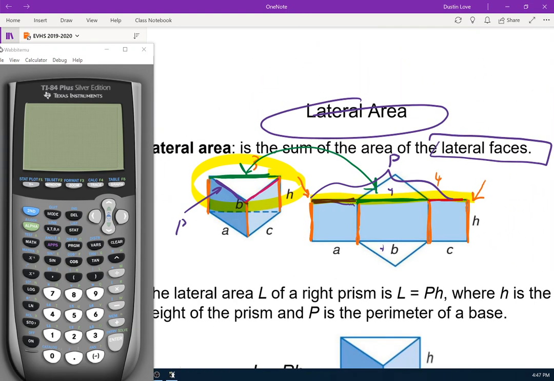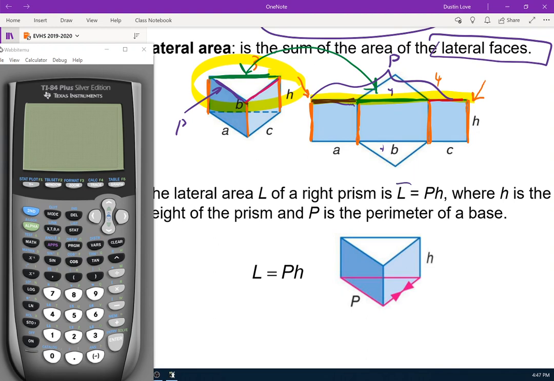So in order to find the lateral area, or the area of those three rectangles, or the one large rectangle, it is just perimeter of the base times the height of the prism, which is where this formula comes in. Lateral area is perimeter of the base times height, and that will be true for every single type of prism you ever come across, even the special ones we're going to talk about here in a few minutes.